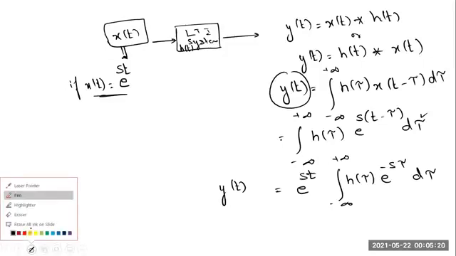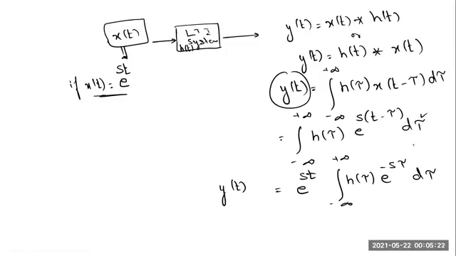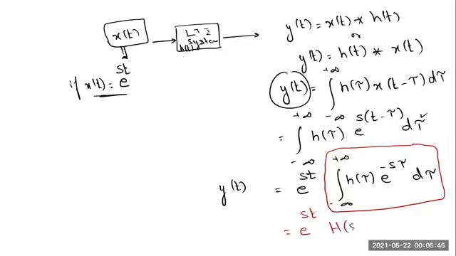Now this thing is a function; when you solve this integral, ultimately it is going to be some constant, and that constant will depend on the value of s. So what is the output? The output is e raised to power st, and this whole term can be represented by this notation.